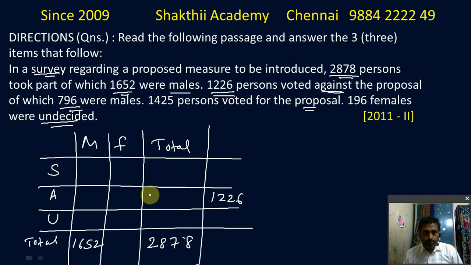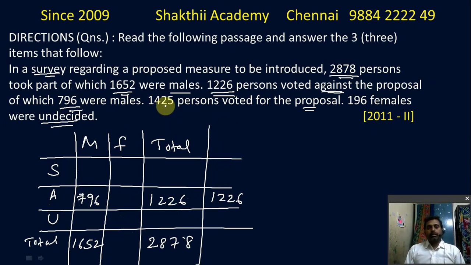So I will write the 1,226 here, 1,226 people who are against the survey, and out of that it is clearly given 796 are male. So in the against column, total is 1,226, and people who are against in the male category is 796. This is what they have given.